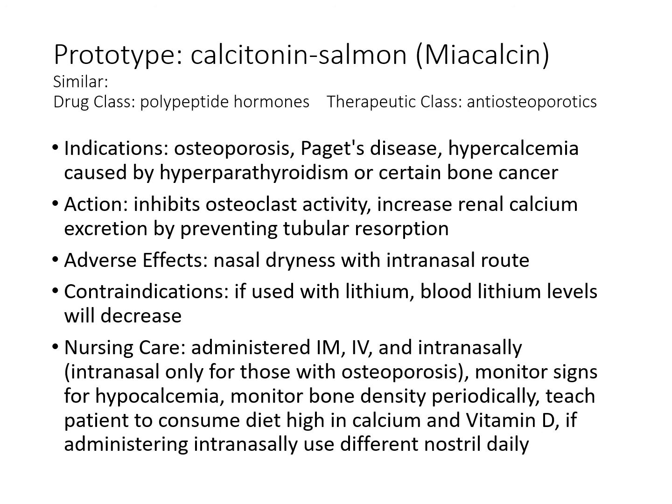So under nursing considerations, we mentioned that calcitonin can be used intranasally for osteoporosis. It can also be used subcutaneously. So a subcutaneous injection. I don't see it on this slide, but that would be another way of administering calcitonin.